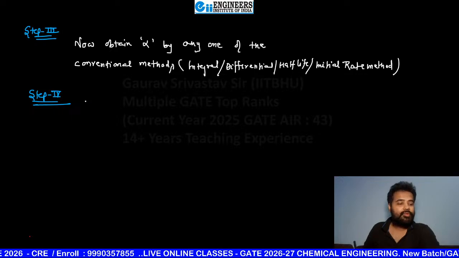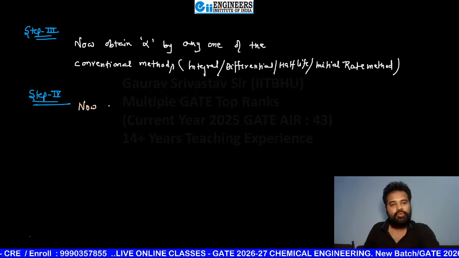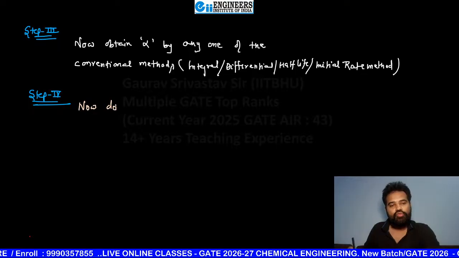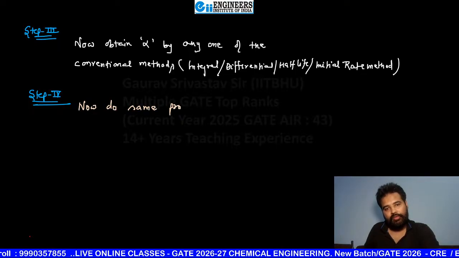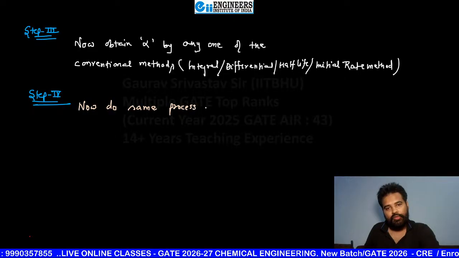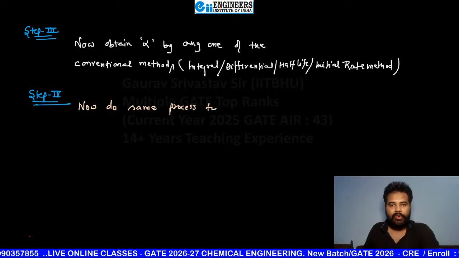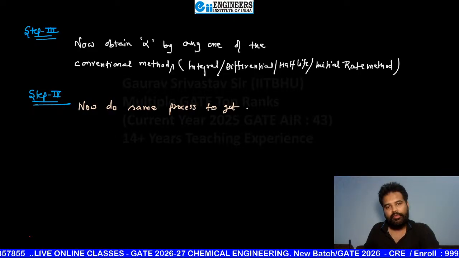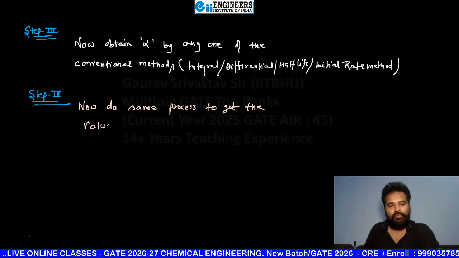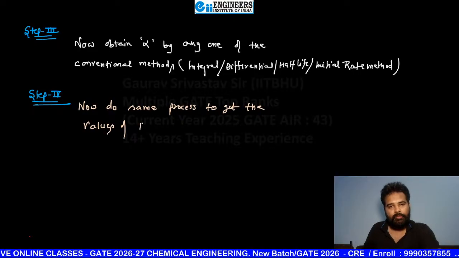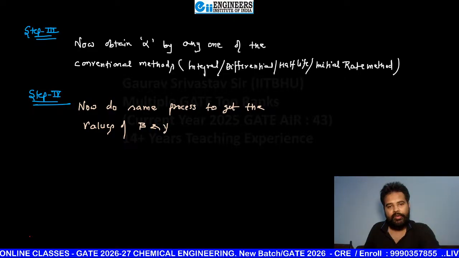So now do the same process to get the values of beta and gamma.